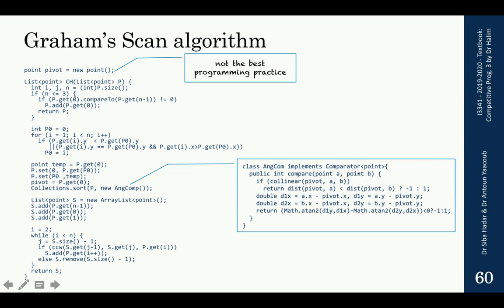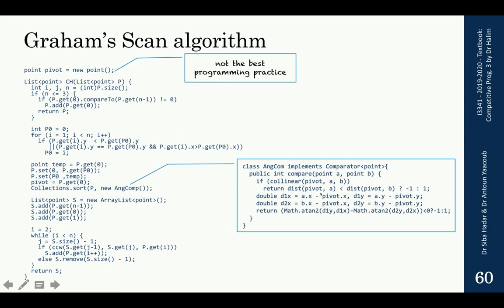Here it is according to the angle between point A, point B and the pivot. So to decide whether point A is bigger than point B, we see the angle that is formed by A, the pivot, and the x-axis, and we compare it with the angle formed by B, the pivot, and the x-axis.